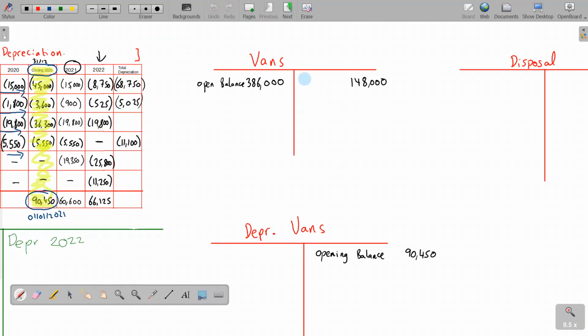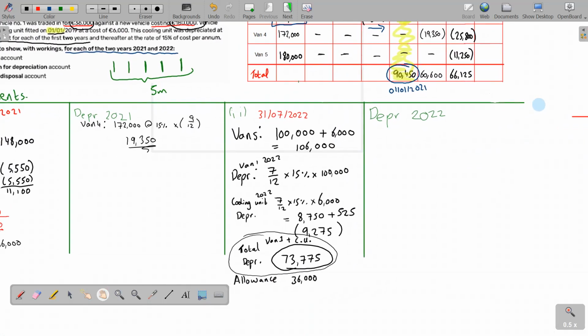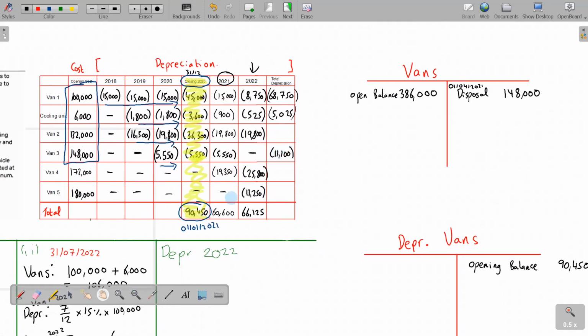So 148,000 is going to a disposal, and give the date as well. 01/04/2021, disposal 148,000. So 148,000 coming from vans. Or depreciation on that van cumulatively was 11,100.